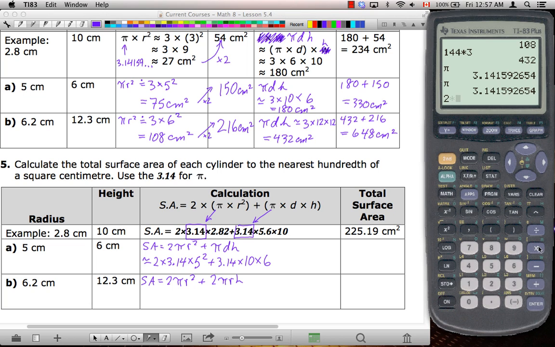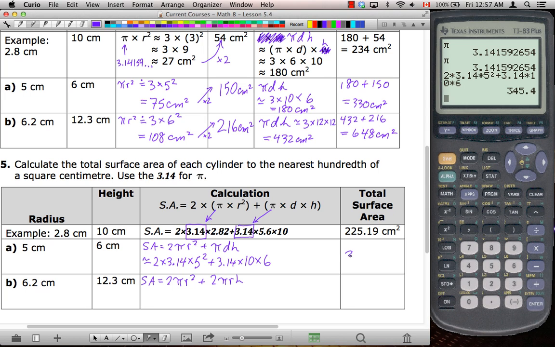So doing 2 times, now I could use the pi button on my calculator, but actually I know that the textbook tends to use 3.14, so I'm going to use that, times 5 squared plus 3.14 times 10 times 6. And this gives me 345.4 square centimeters. You can see our estimate was slightly different, but pretty close.